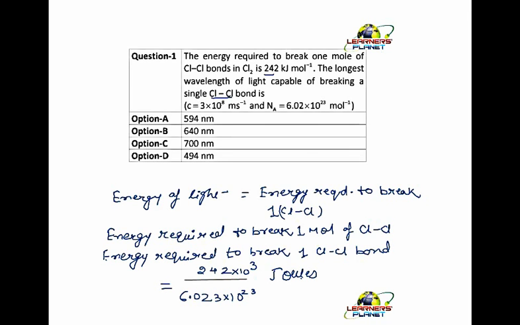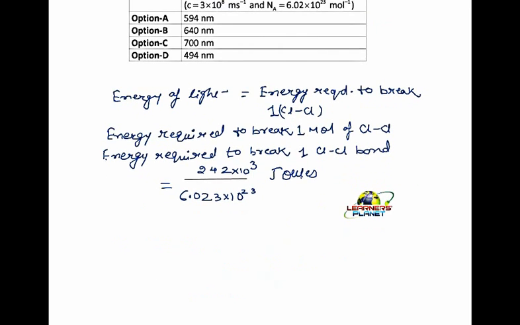Now this energy is equal to the energy of the light. So 242 into 10 to the power 3 divided by 6.023 into 10 to the power 23 is equal to the energy of light, that is hc by lambda.